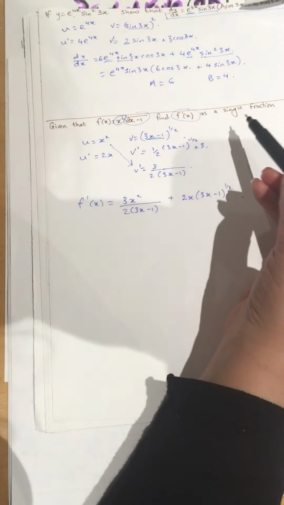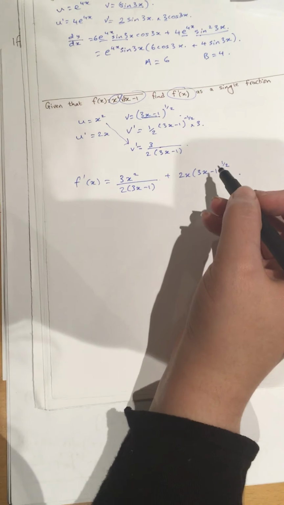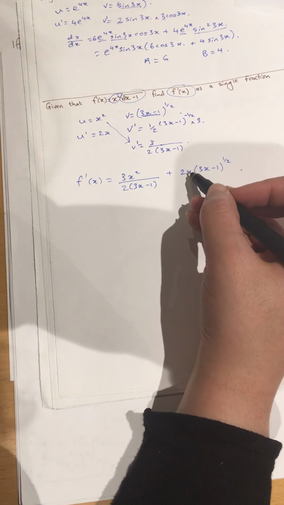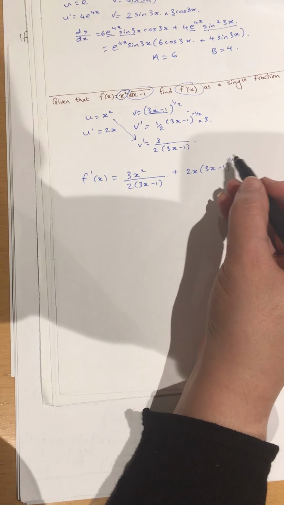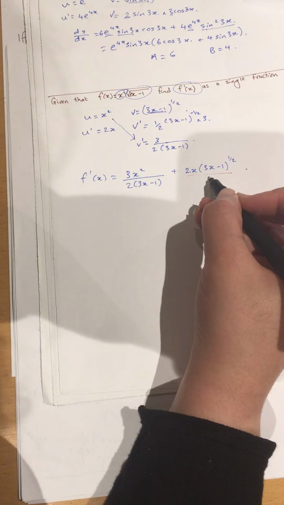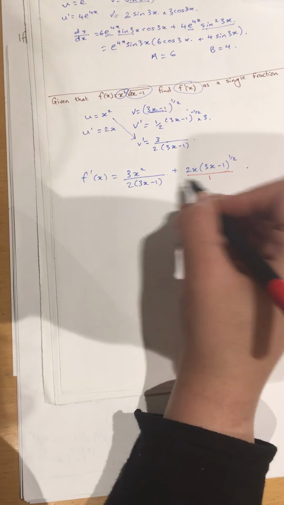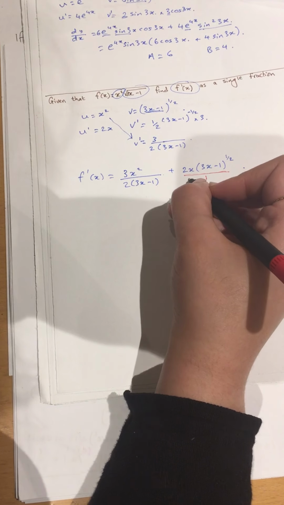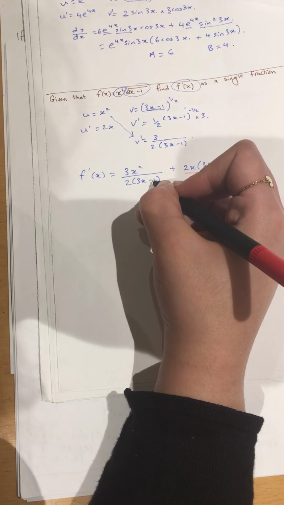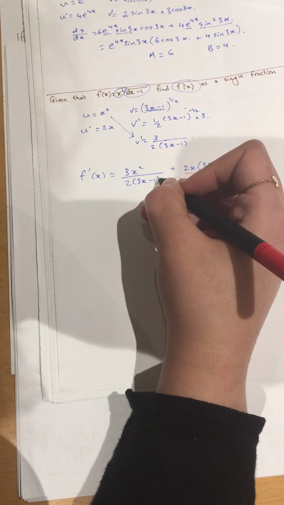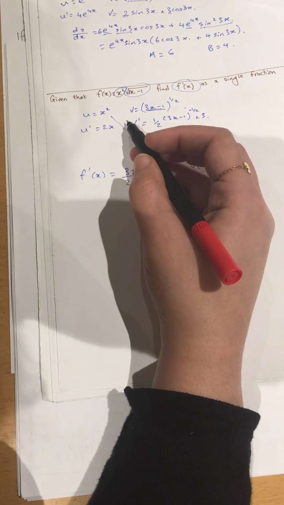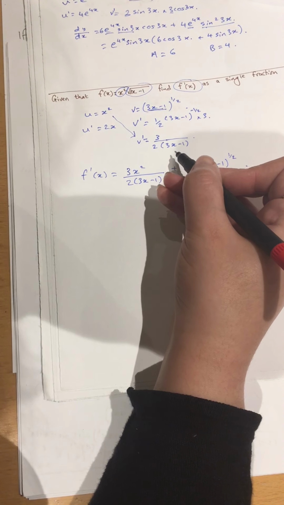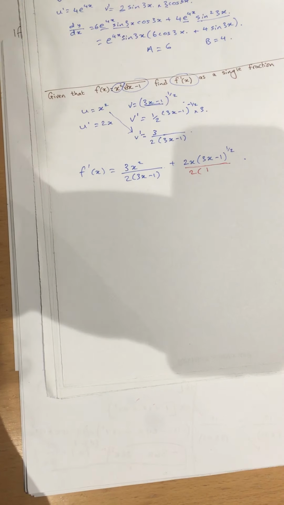Now because they want my answer as a single fraction, and here I've got 3x squared over this, and on this side I've got 2x multiplied by this bracket. I can imagine this is over 1. Now I want to make a common denominator. So I have to multiply this side, top and bottom, by 2 and 3x minus 1. That should be to the power half.